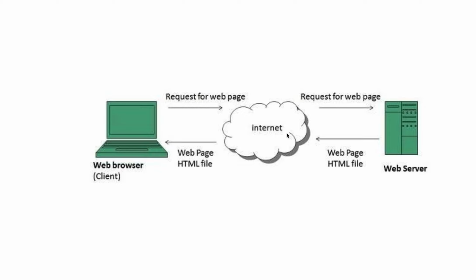And what you would do as a web developer is to create this HTML, to create this content that will be given back to any web browser or any client that requests a URL. Is that clear enough?